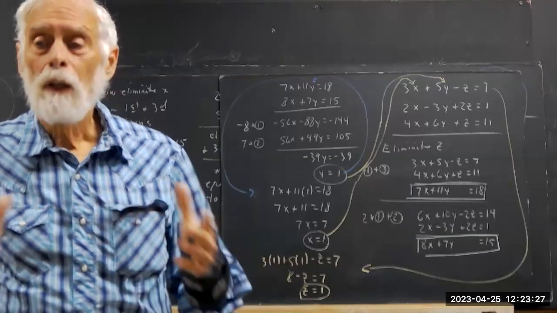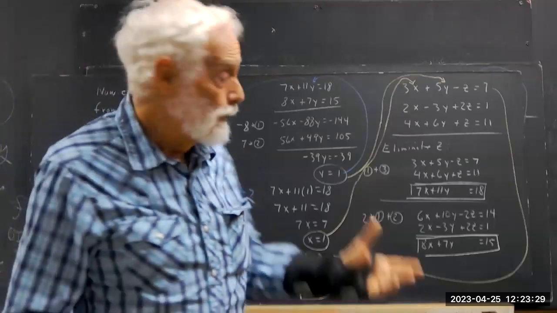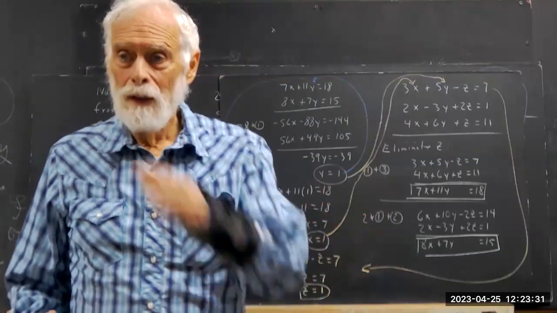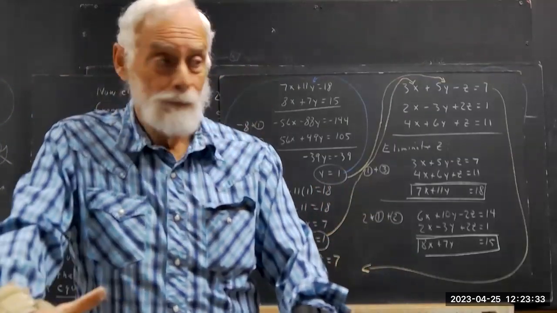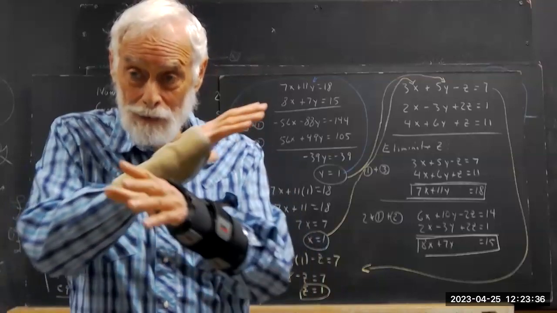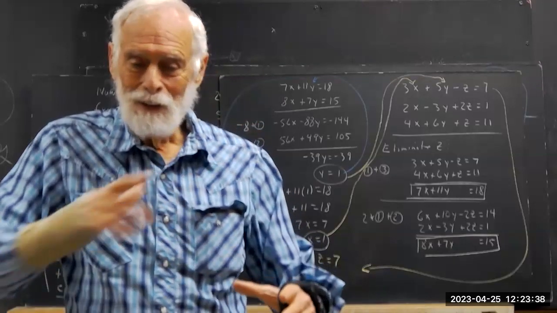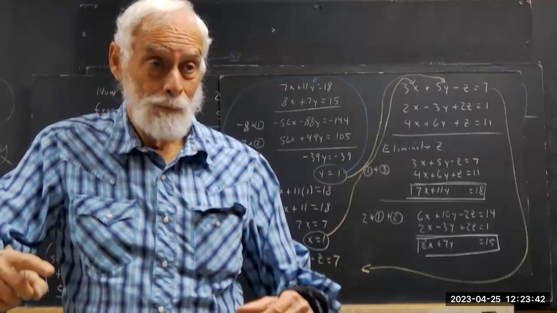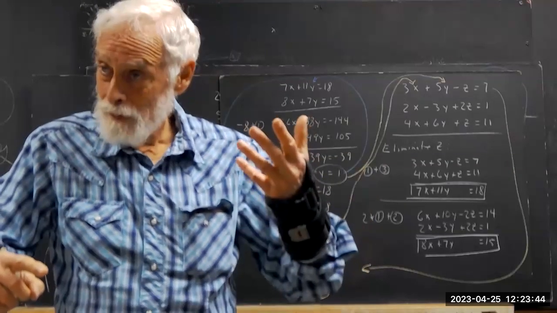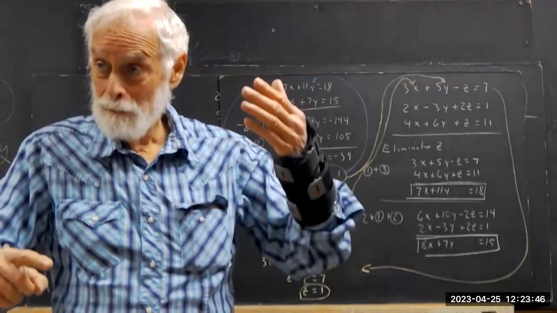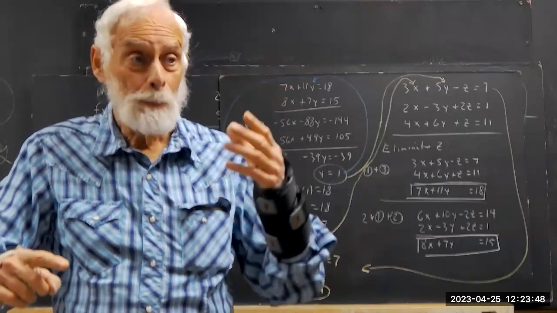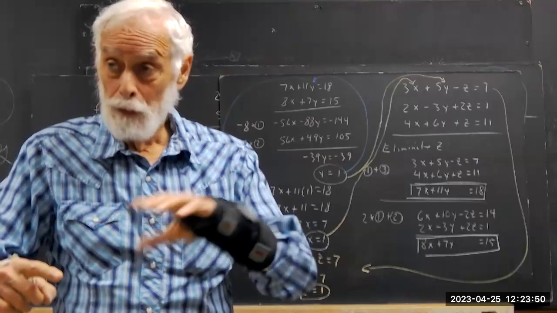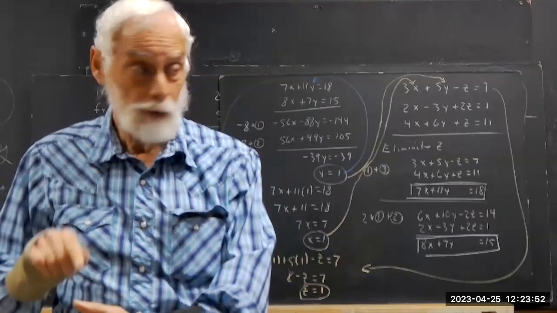Okay. If you have a three-dimensional equation, you have planes. Now, if you have two planes, they intersect. Take two panes of glass and intersect. They'll intersect along a line. Okay. Now, if you have a third plane, if it's not parallel to one of the first two, it's going to intersect that line, and there's your point.